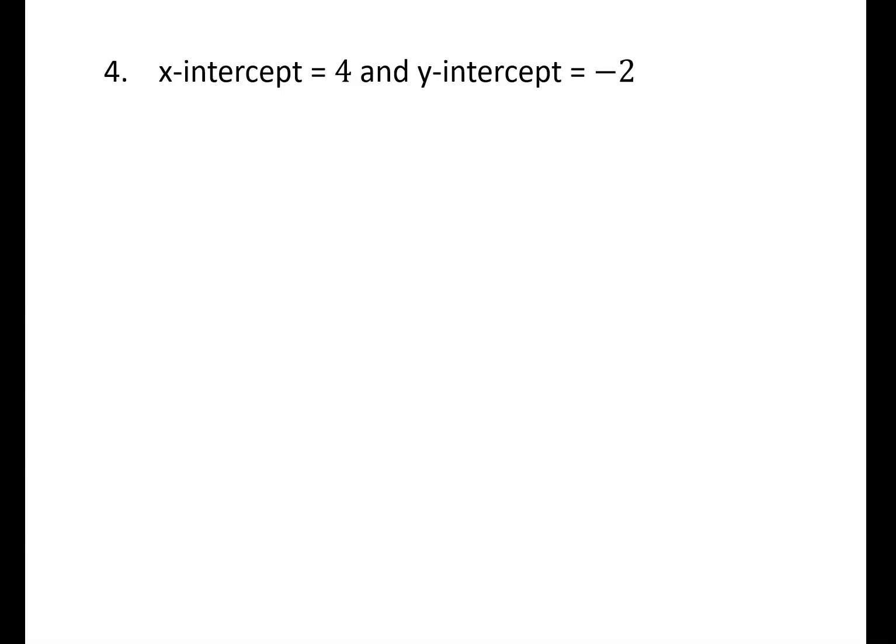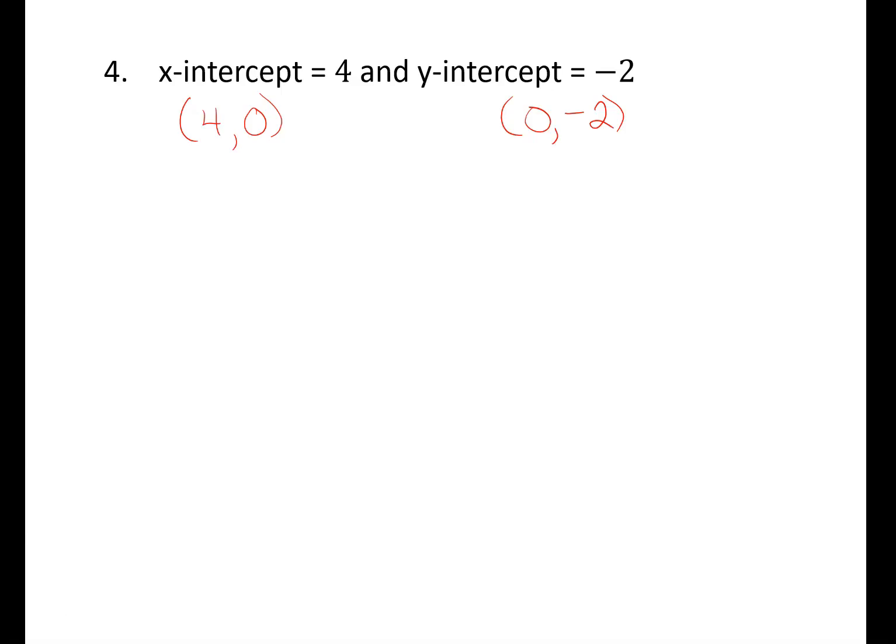However, they did not give them as ordered pairs, so we need to write them in ordered pair form. If the x-intercept is 4, then I would put 4 in the x-coordinate and the y would be 0. So that point would be on the x-axis. And for the y-intercept, the x would be 0 and our y value would be -2.